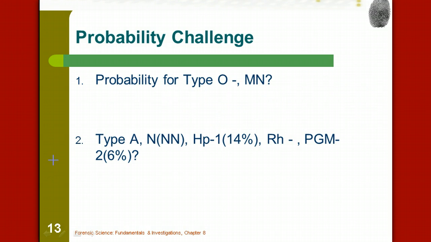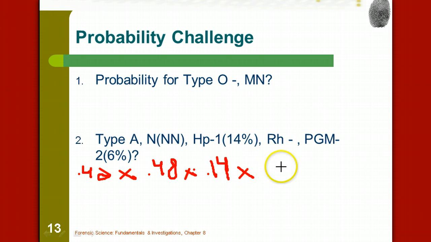Okay, so this next problem is a little bit more difficult. On this one, type A is 0.42. Being N blood protein is having NN, so that's going to be 0.48, times the HP minus 1, which is 0.14.